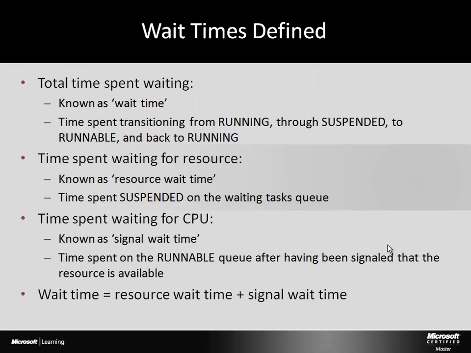Now, in terms of wait times, the two different wait times that we have are the resource wait time and the signal wait time. The OS wait stats DMV gives us the total wait time, and it gives us the signal wait time. We have to work out the resource wait time for ourselves by simple arithmetic. The resource wait time is the time that the thread is sitting suspended, waiting for the resource to become available.